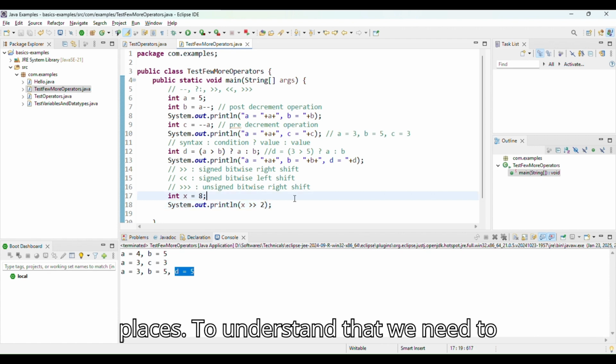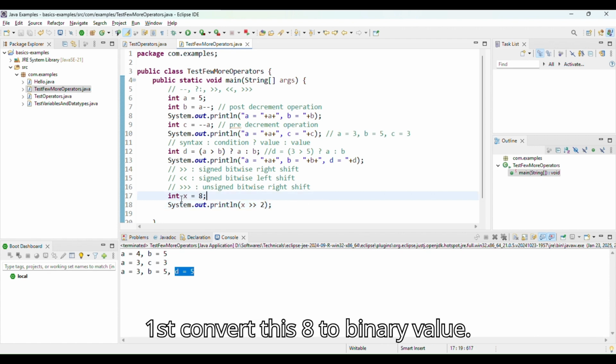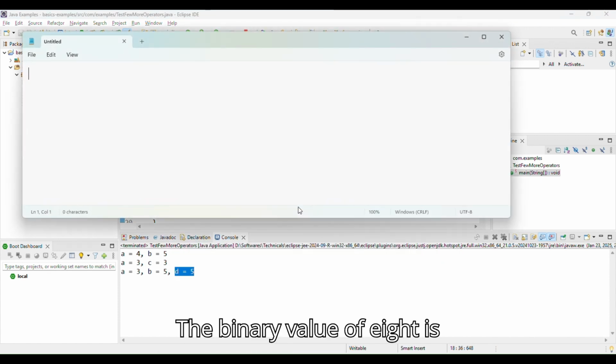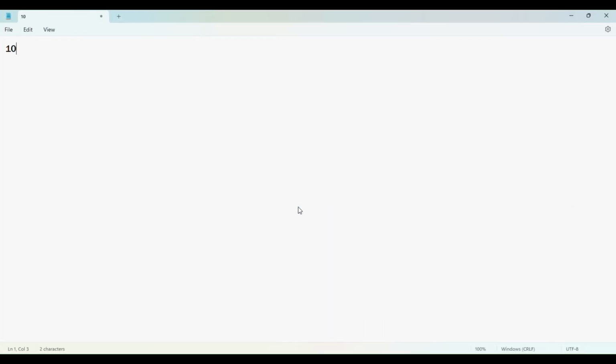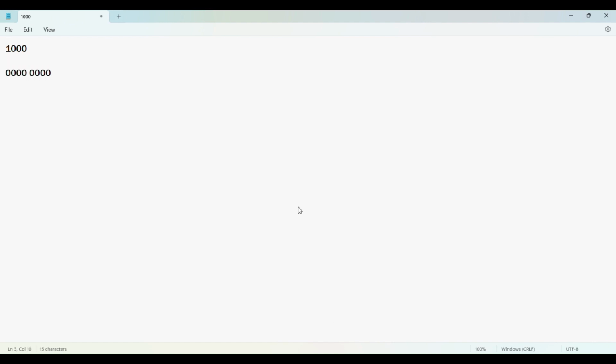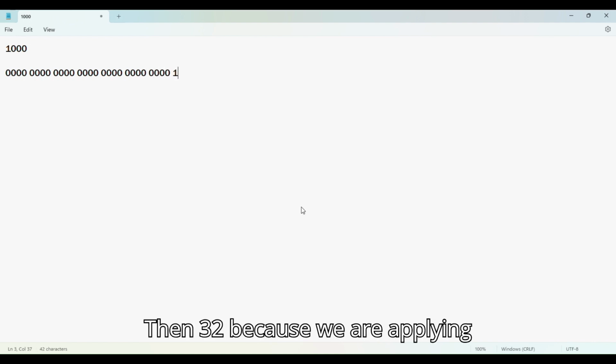To understand that, we need to first convert this 8 to a binary value. What is the binary value of 8? The binary value of 8 is 1000. Because x is of int type, it will be 32 bits. Let us keep those 32 bits: 4, 8, 12, 16, 20, 24, 28, then 32.